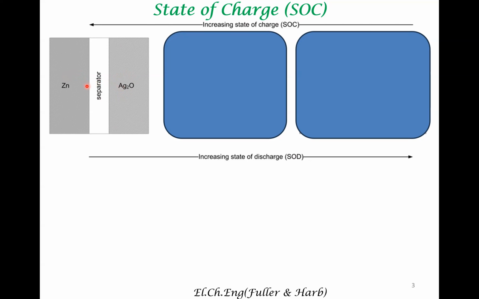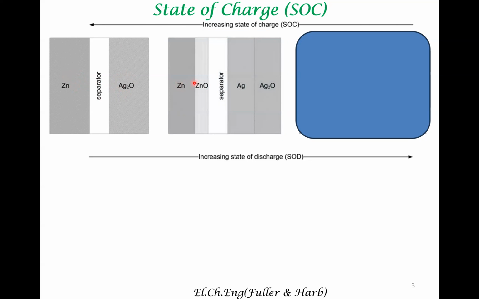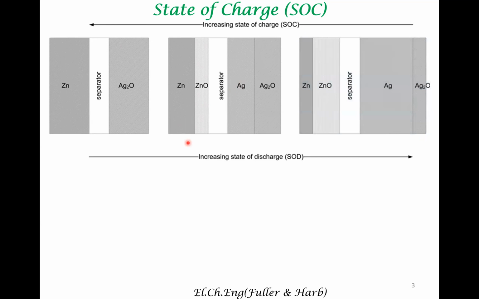So when the battery is under operation, gradually zinc will get oxidized to zinc oxide, and silver oxide will get reduced to silver. As the battery gets discharged, both of these reactions will increase.